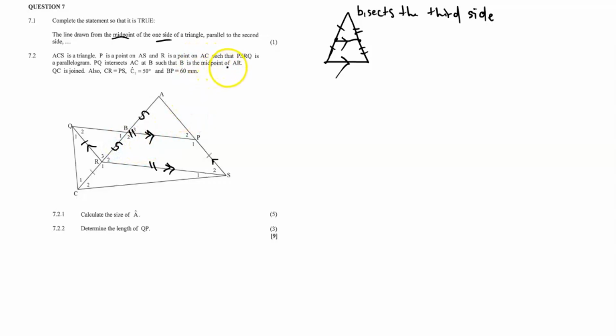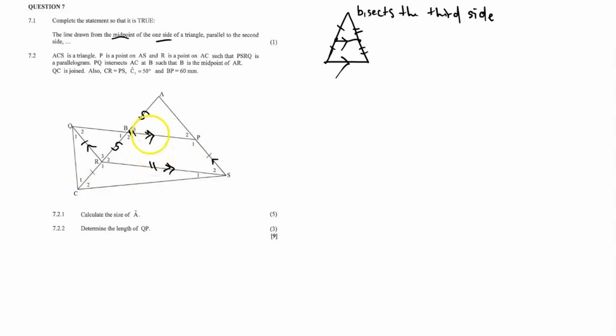And then they say QC is joined. So this is QC. Also CR equals PS. So CR, where is CR? This is CR. It is equals to PS.